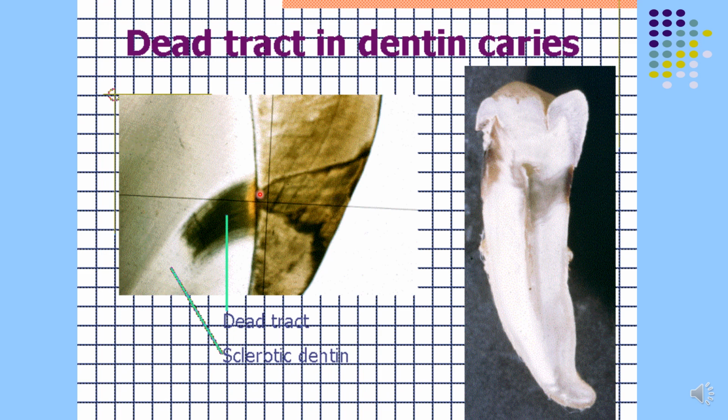Even before it reaches the DEJ, the first thing that happens is the odontoblastic processes retract, they form the dead tract, and as soon as they retract from the advancing front of the enamel caries, they try to form sclerotic dentine to try and stop the microorganisms as well as the products of caries from further advancing and destroying the dentine. Now this change in dentine is because dentine, as I mentioned previously, is a living part, whereas enamel is a non-living structure of the tooth.